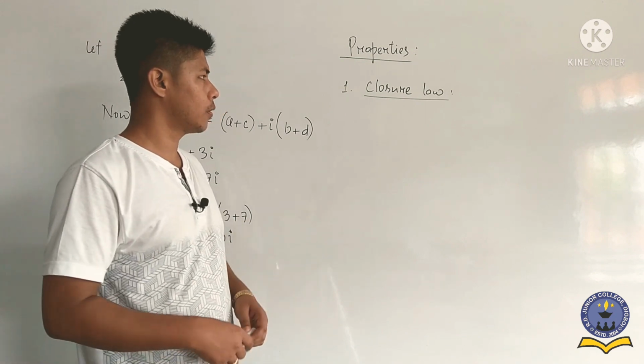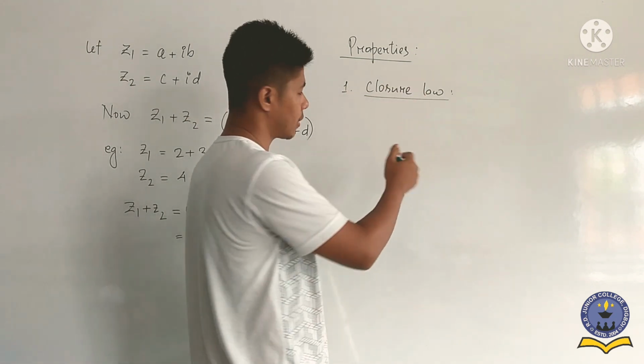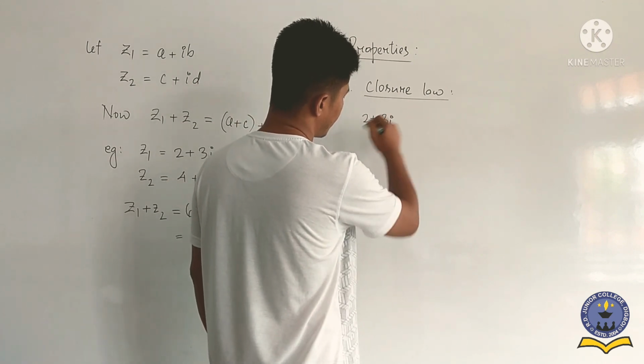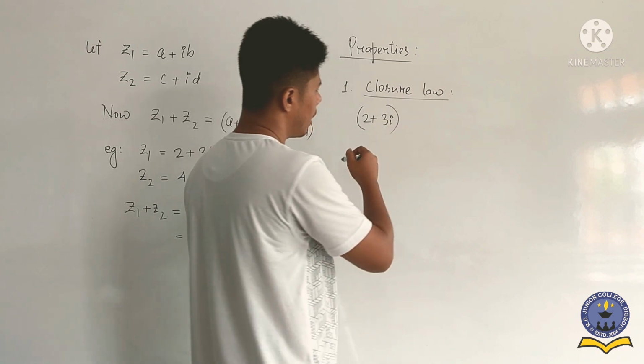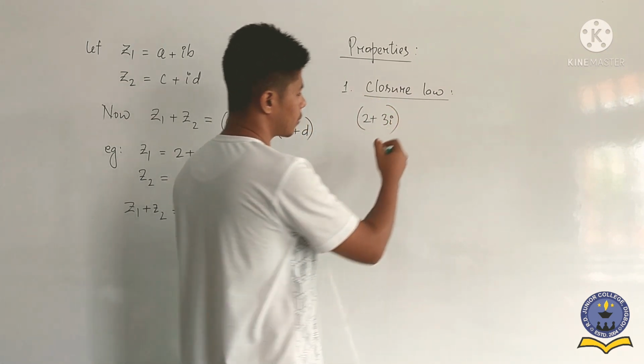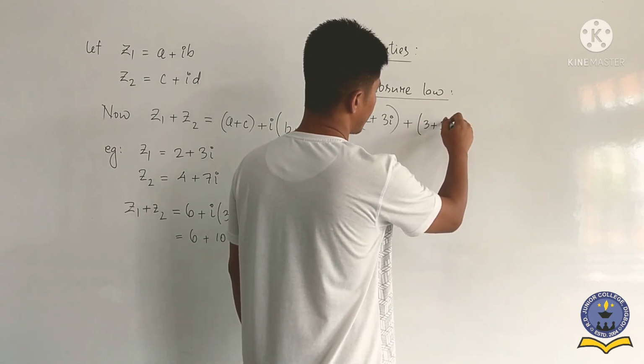In the closure law, for example, consider the complex number 2 plus 3i, and as we discuss the properties of addition, we add another one, 3 plus 3i.